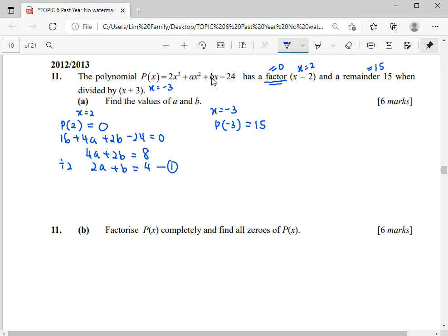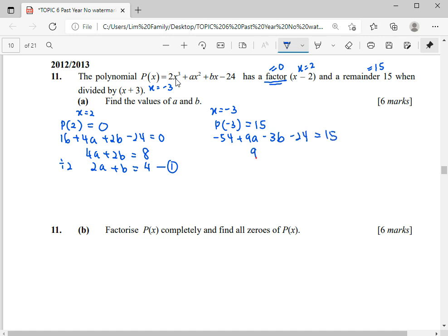We'll continue and move on to the second piece of information we have. Substitute negative 3 into the polynomial, and we will get negative 54, then plus 9a minus 3b minus 24 equals the remainder, which is 15.